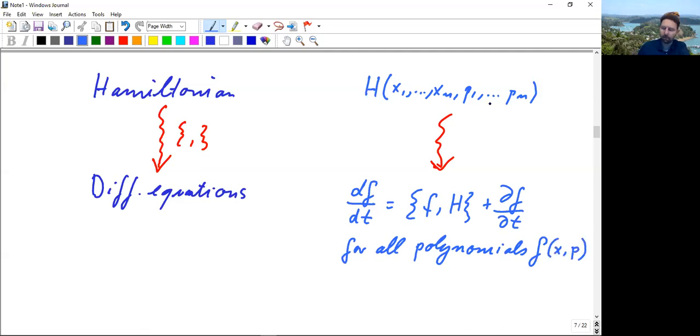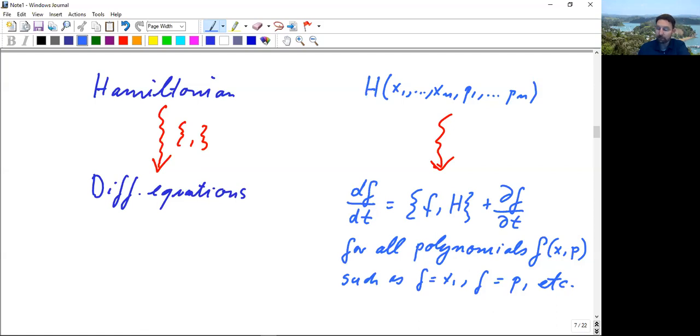I won't write it all out in terms of x1 to xn and p1 to pn, such as f equal to x1, f equal to p1, etc. So what you need to do in order to find out what the equations of motion are, according to Hamilton, is to pick the variable of which you want to know the equation of motion.